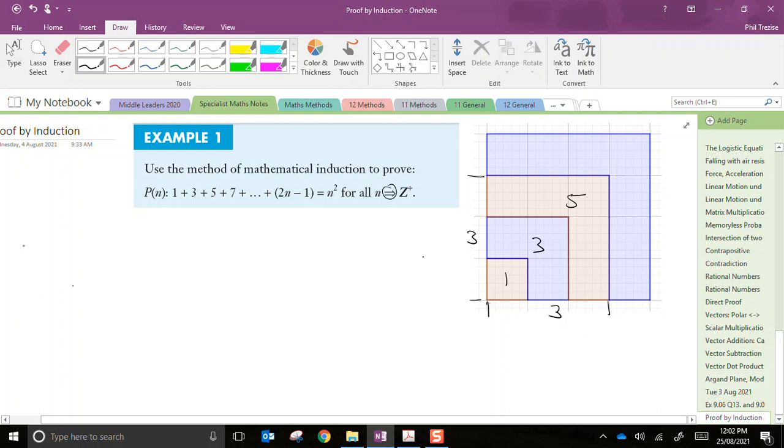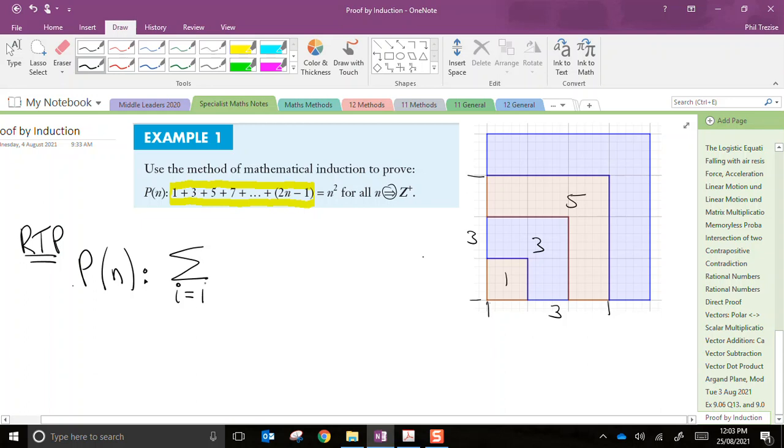So let's write the required to prove statement a little bit more neatly. It's a proposition with n as a value, so it could be n equals 1, 2, 3, like I was saying. And what is our proposition? When I have a great big list of things added together, it's more compact if we use sigma notation, and we'll use a counter variable, i.